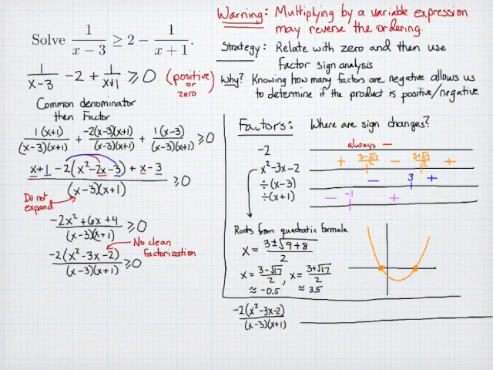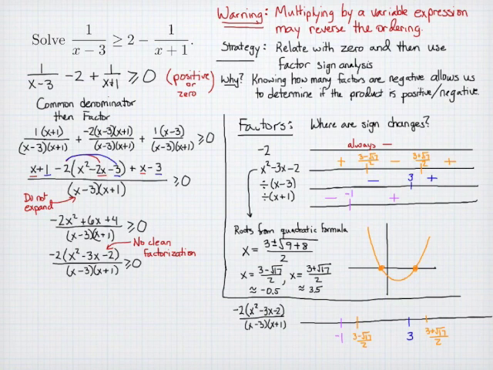So we need to have our point at negative 1. We'll need our two factors from our quadratic, 3 minus root 17 over 2, we need our point at 3, and we need our second quadratic point at 3 plus square root 17 over 2.